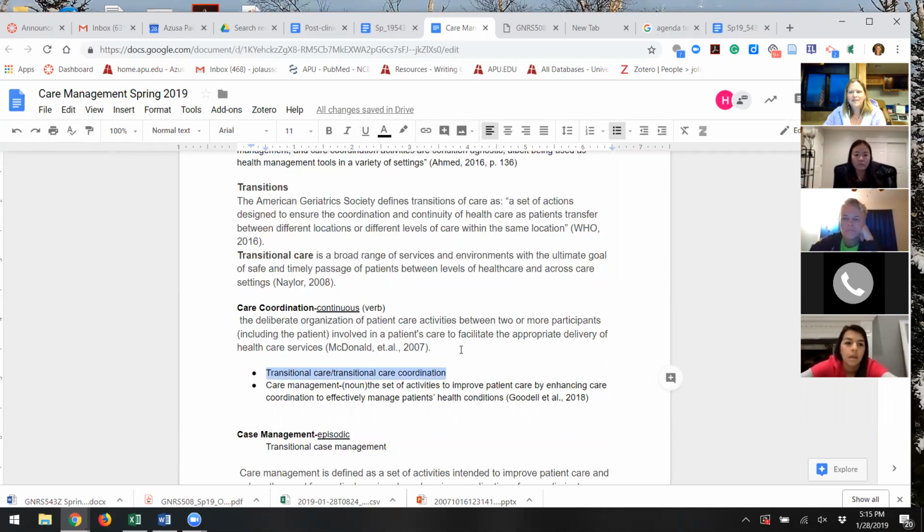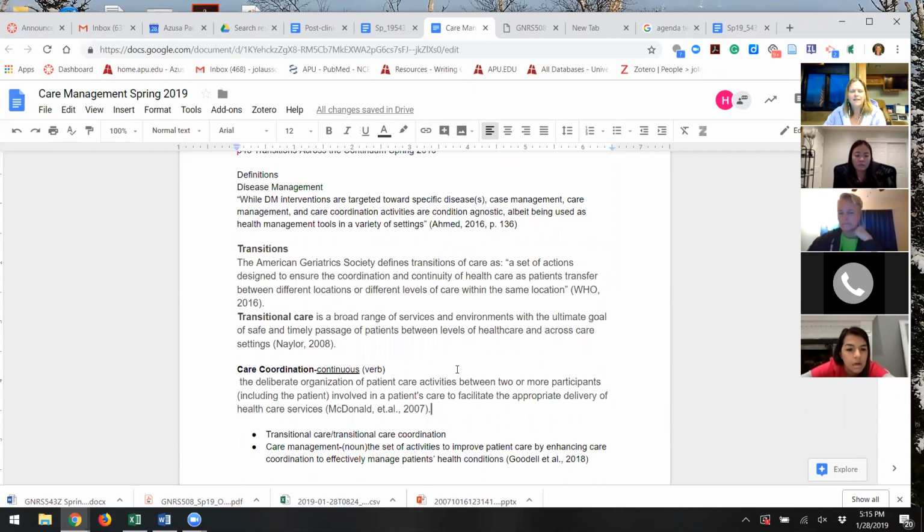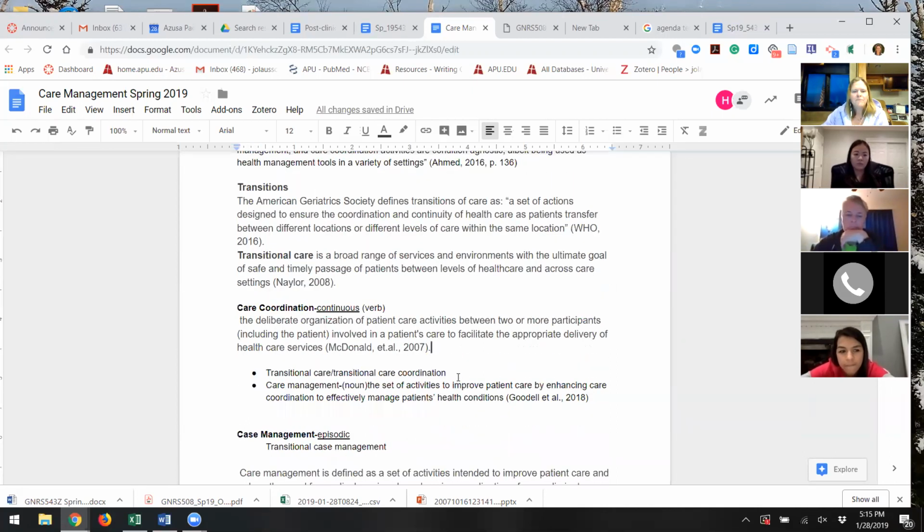So as we're going and we're all reading about this, maybe we can be thinking about these definitions. This can be a document that we're using throughout the class to update these and clarify. But I think we all understand that transitions are messy things, and it takes a lot of people and a lot of elements to make sure that they happen correctly.